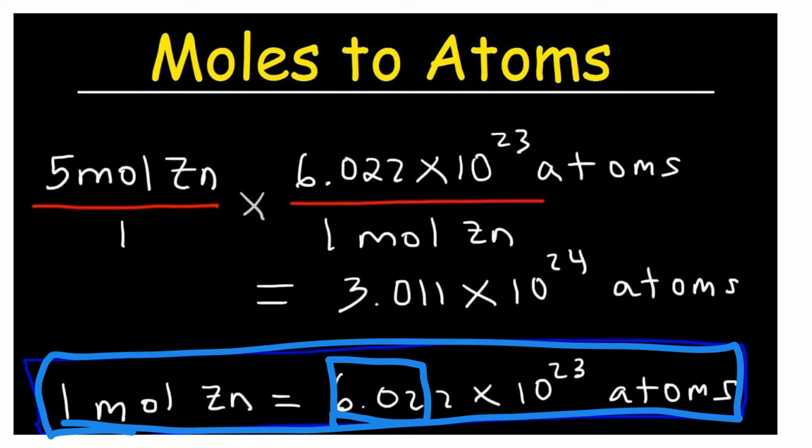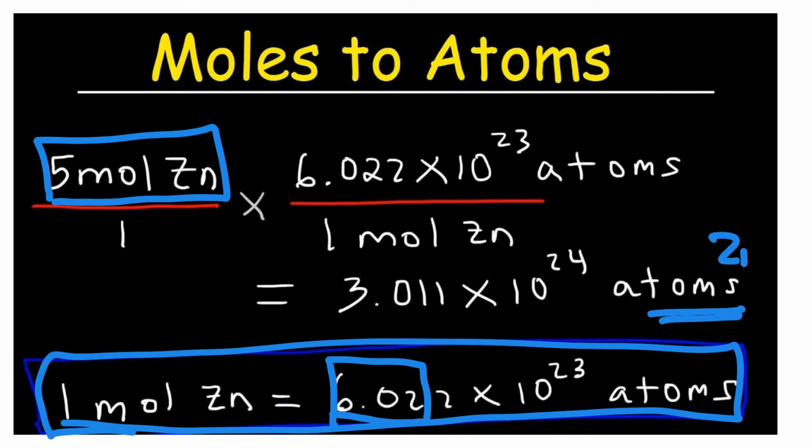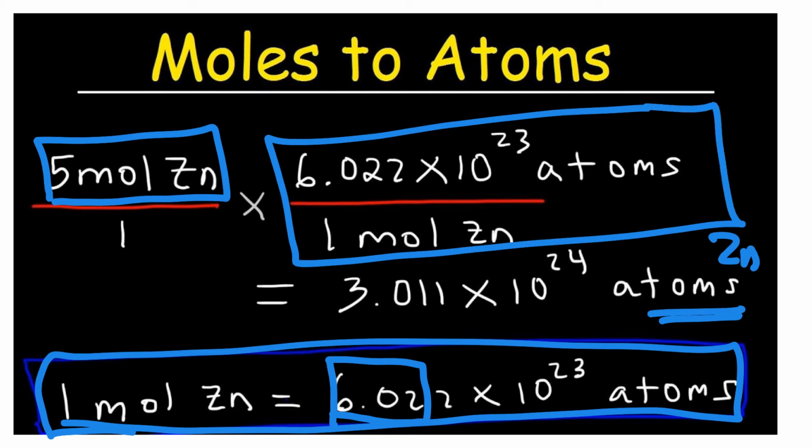So here's a problem where I had 5 moles of zinc, and I wanted to know how many atoms of zinc. And so what I did was I set up this conversion factor from my equivalence. 1 mole equals 6.02 times 10 to the 23 atoms. I use this to make a conversion factor.